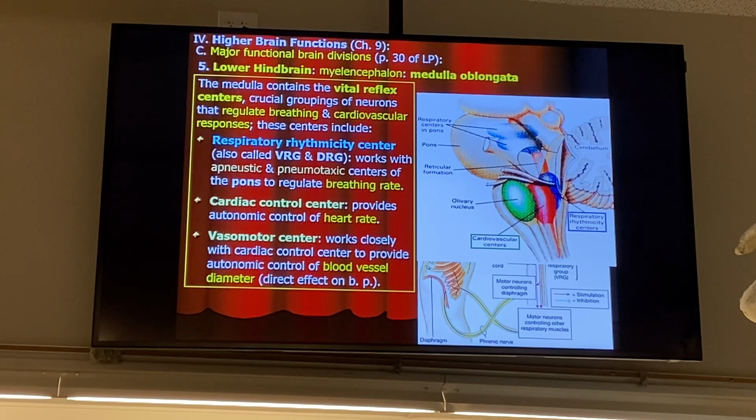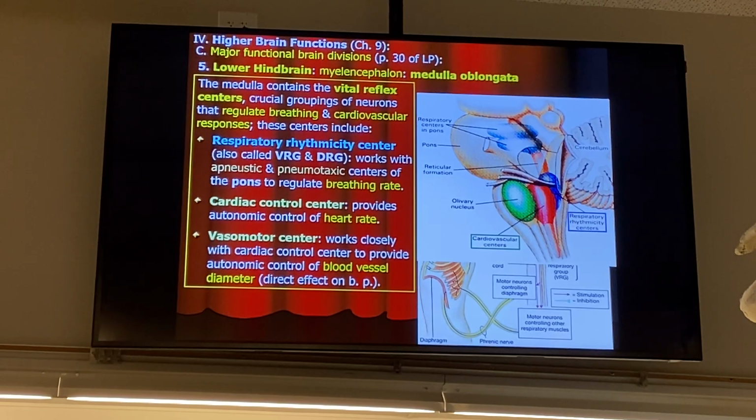This is controlling regional blood vessel diameter. Not the real large elastic arteries and veins. Not the real tiny ones, but the medium-sized arteries and veins. But those are the three regions of the vital reflex centers.